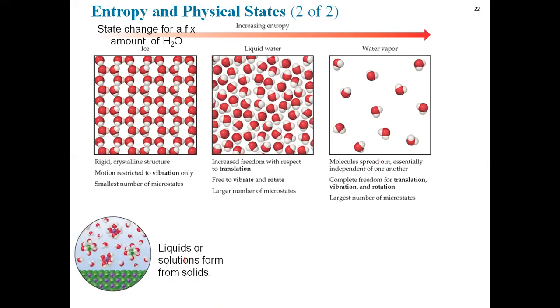As we saw from the last slide, if you produce a liquid or solution from a solid, the entropy also increases, because you can imagine if you take some of those ions away from the solid here at the bottom and take them into the solution, let's say this is an aqueous solution, with water as the solvent, then those ions can have more locations, more places to go, so it becomes more chaotic.